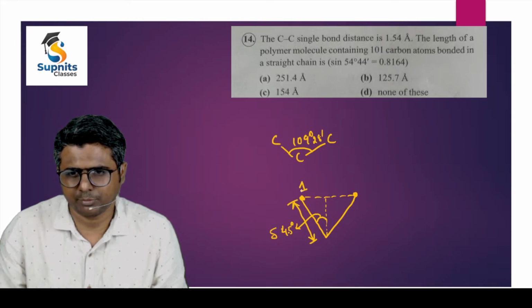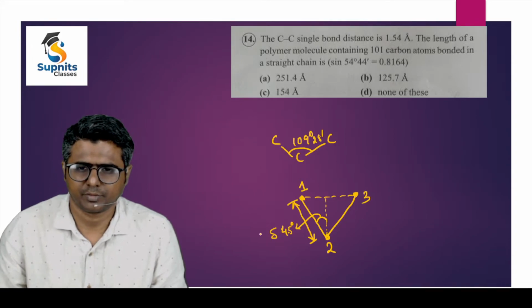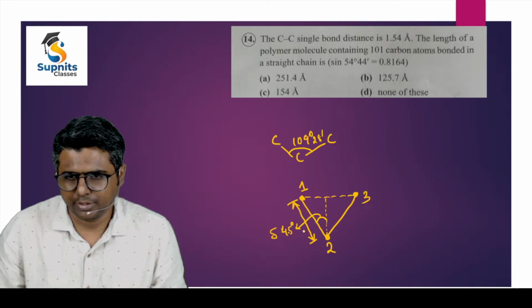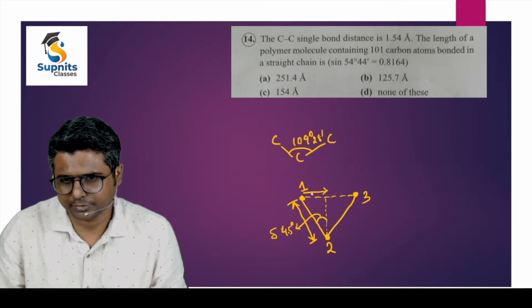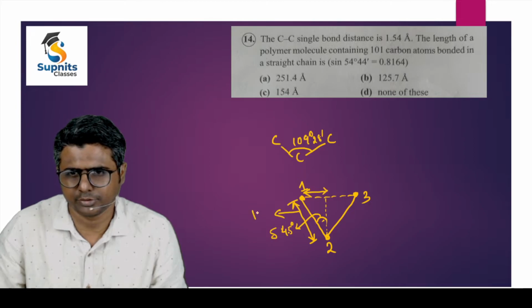So this is carbon number 1, this is carbon number 2, and this is carbon number 3. So I am going to find out this distance first. This angle is known to me, and this distance, bond distance, is also given as 1.54 angstrom.